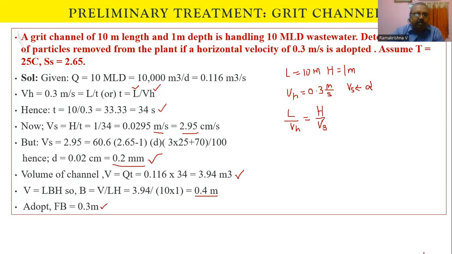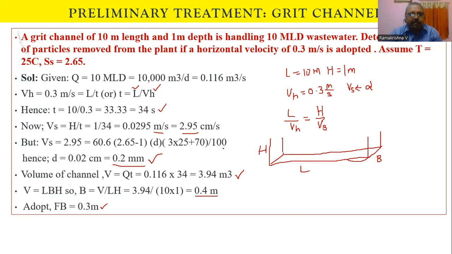So therefore, what you are going to have is a long channel. This is your L and this is your H, and this is the side, this is the B. Here we are providing some small slope for settling of the sludge.